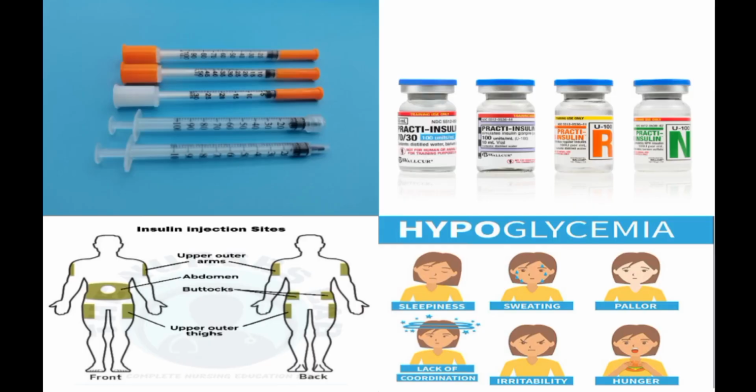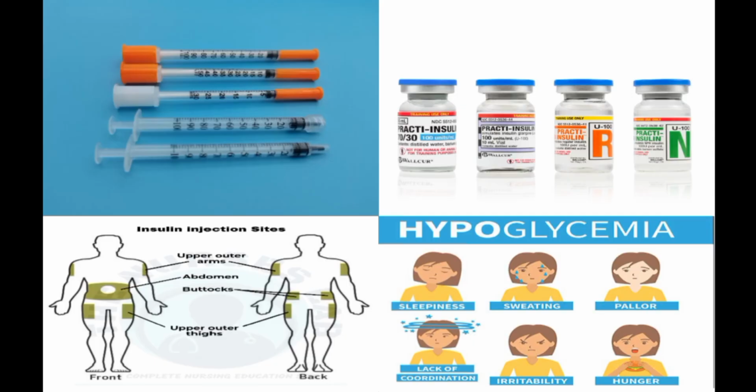If you recall, smart nurses, insulin is a hormone produced by the beta cells of the islets of Langerhans in the pancreas, and it helps glucose to move from the bloodstream into the body cells. In type 1, these pancreatic cells are not able to produce insulin. So that is type 1.